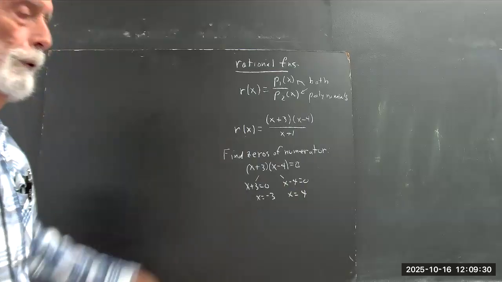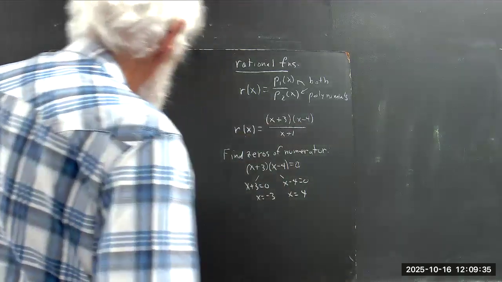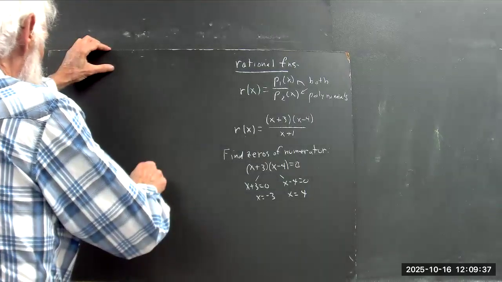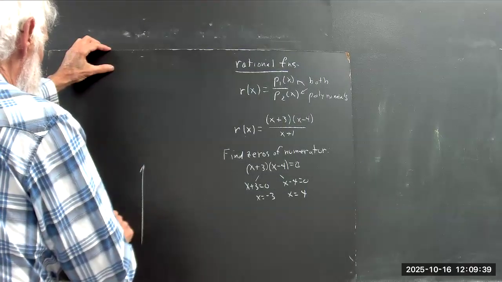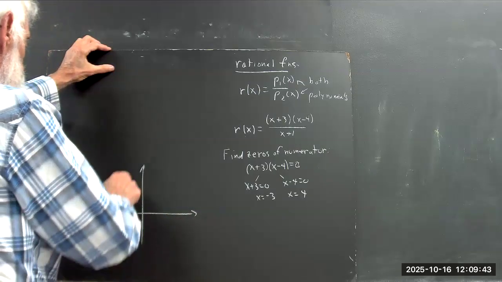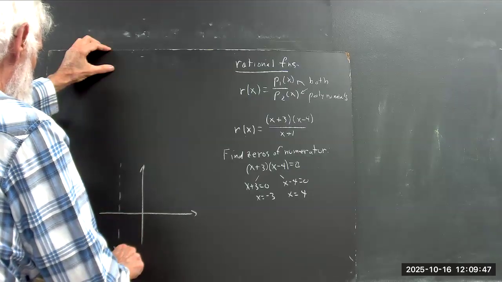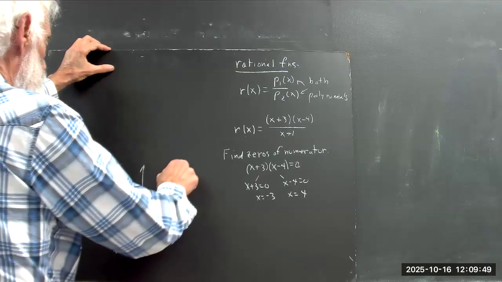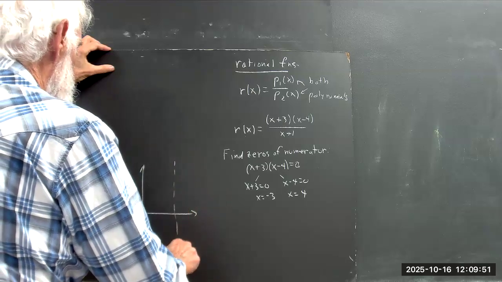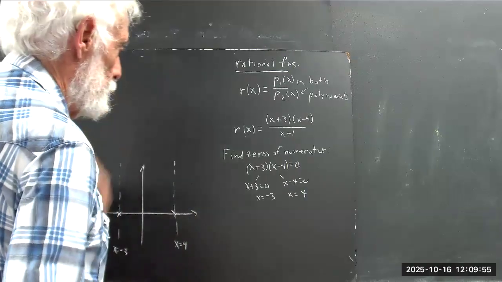And we do that very easily since the numerator is already factored for us. So we can start building a graph. At x equals -3, we have a 0. At x equals 4, we have a 0.